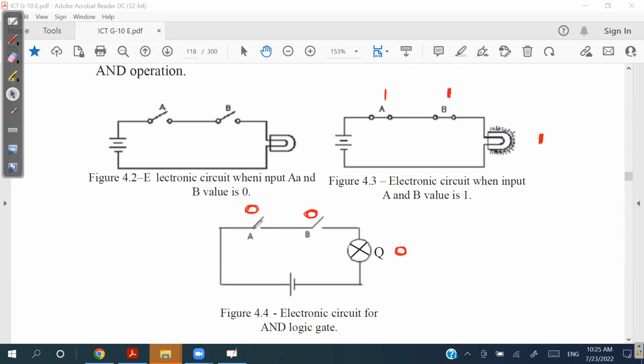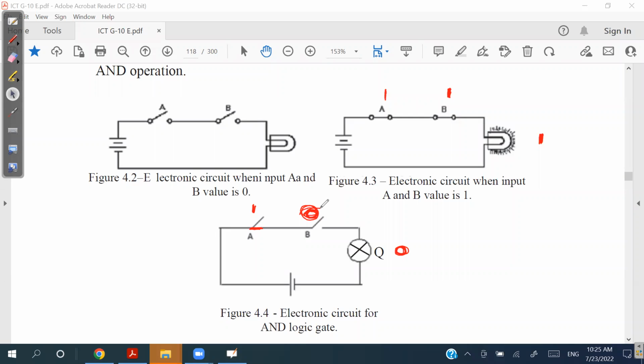So in case we are closing the switch, that means this 0 is going to become 1. But still, 1 and 0 will give you a 0. That means this circuit is not completed, even though this is closed. This part is open, so the electricity cannot flow, right?